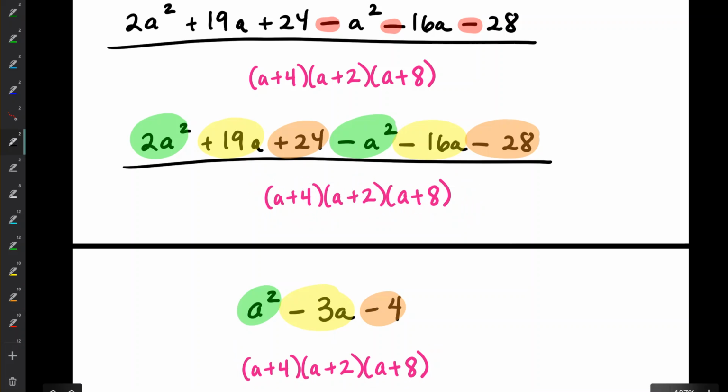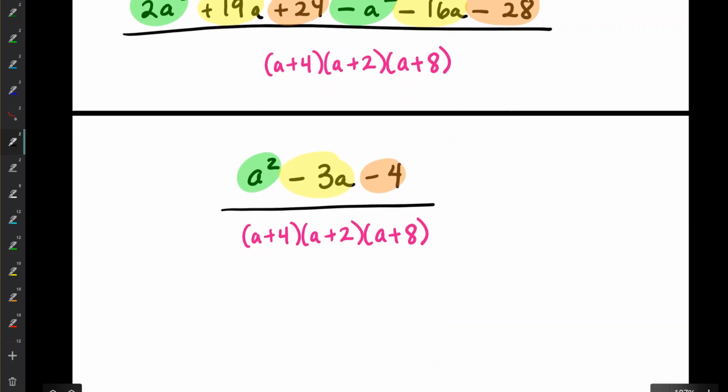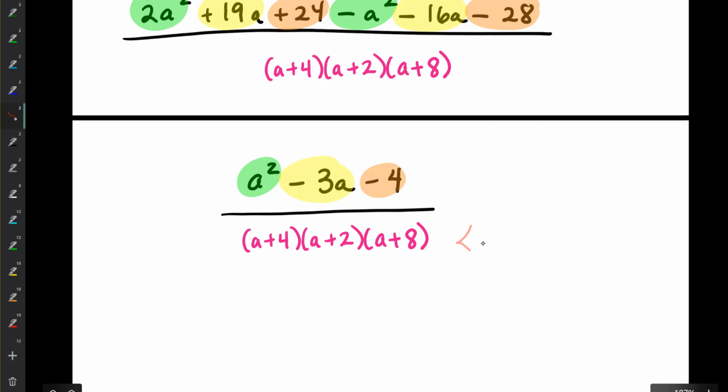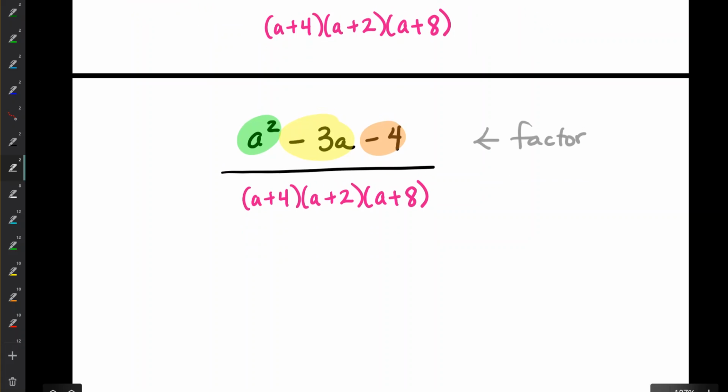And you can see now that we've subtracted the fractions, the real benefit of leaving this denominator factored. Now that I just have one fraction, I want to look for any secret times ones. Let's go ahead and factor the numerator. I'm looking for 2 things that multiply together that give me minus 4 and add up to minus 3.